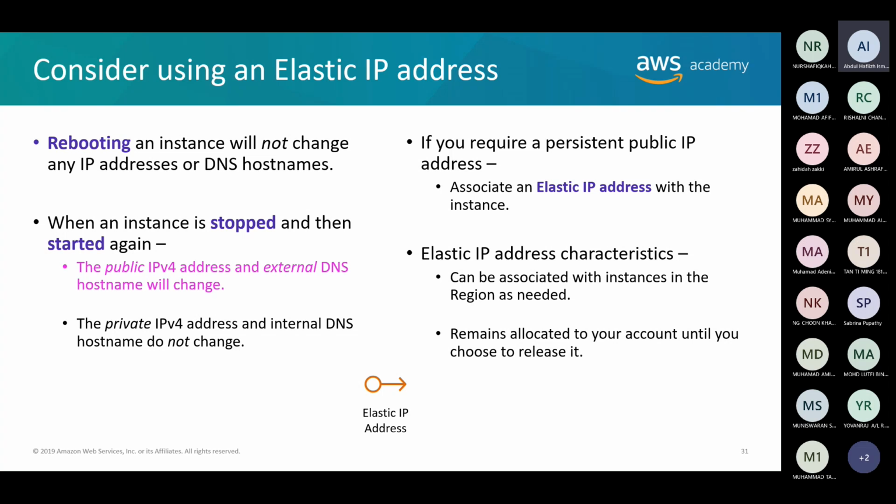For example, if the public IP address assigned to the instance is 203.0.113.25, then the external DNS host name might be ec2-203-0-113-25.compute-1.amazonaws.com. So that's the DNS hostname.